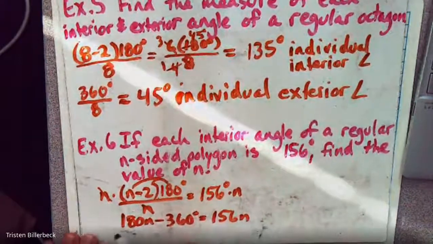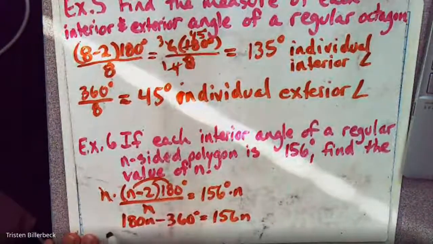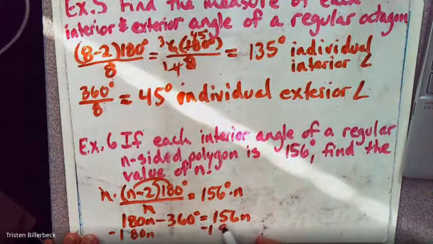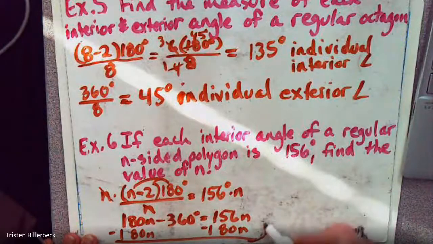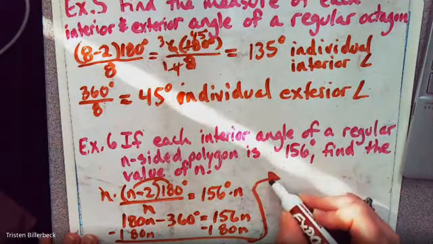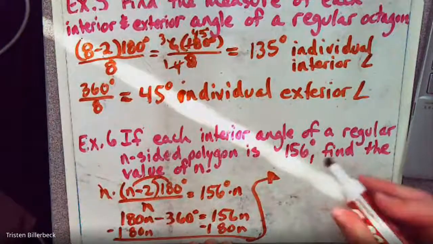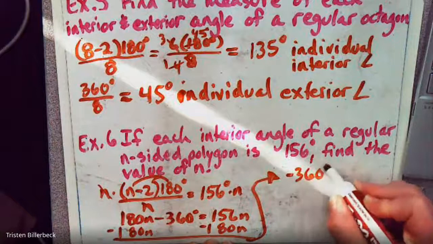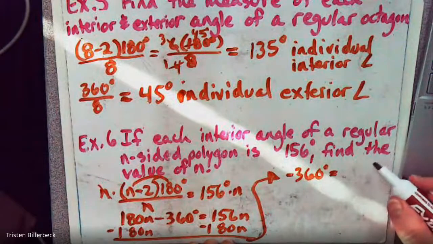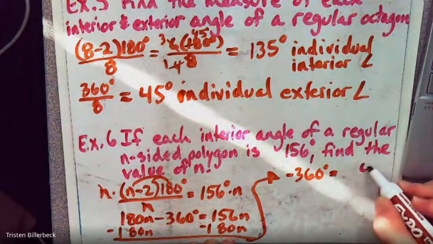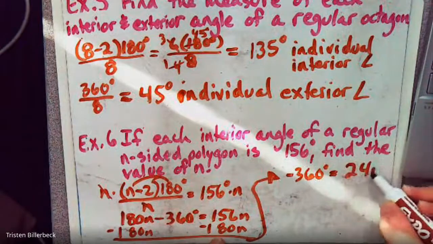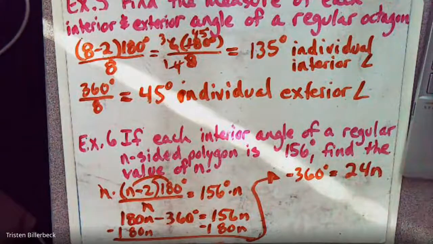Okay, so we subtract 180n from here and 180n from here. And we're going to come up here and continue writing. So that gives us negative 360 degrees, and this is going to give us negative 24n right there.